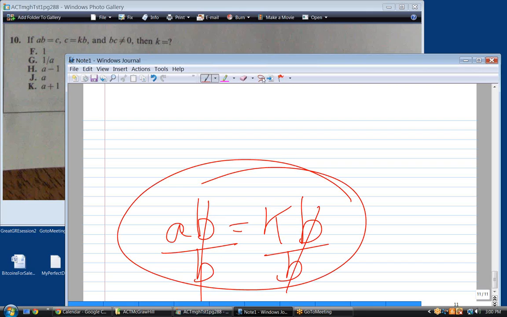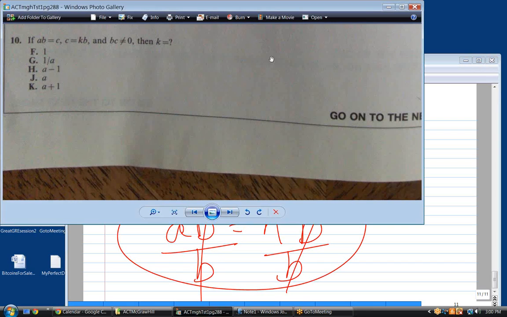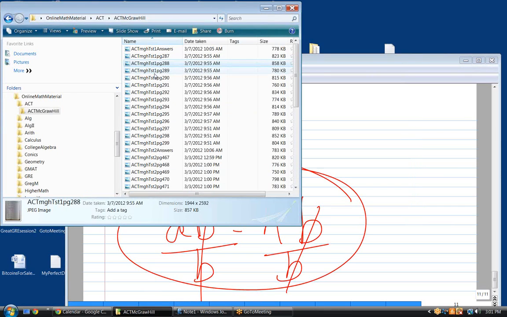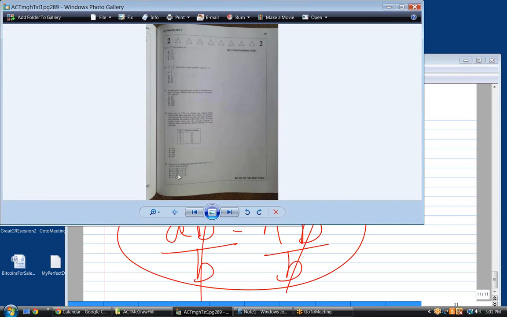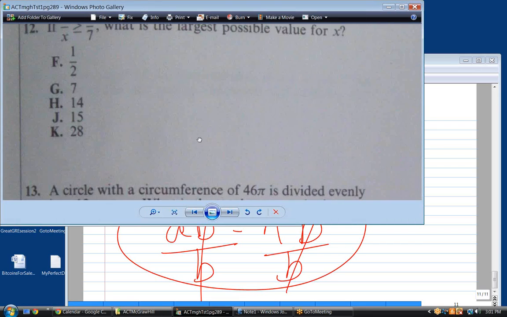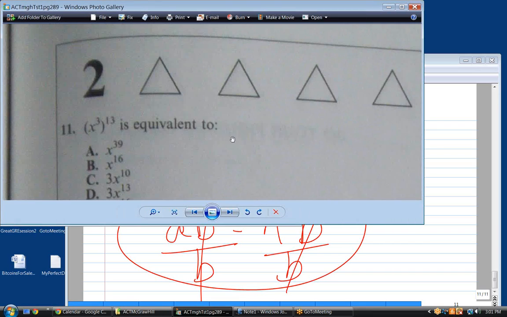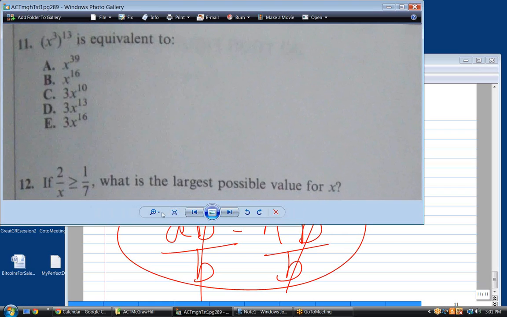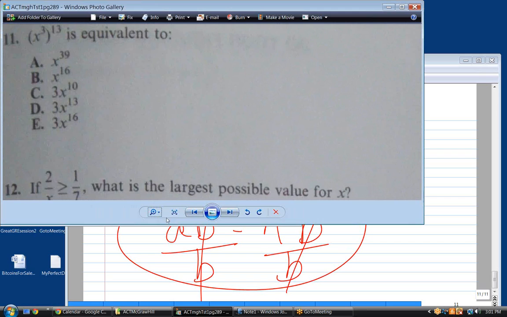A. Yep. It's as simple as that. Some of these questions, I notice an awful lot of my students want to make them harder than they are. Some of them are very simple. Just like that one. That last one is a good example.